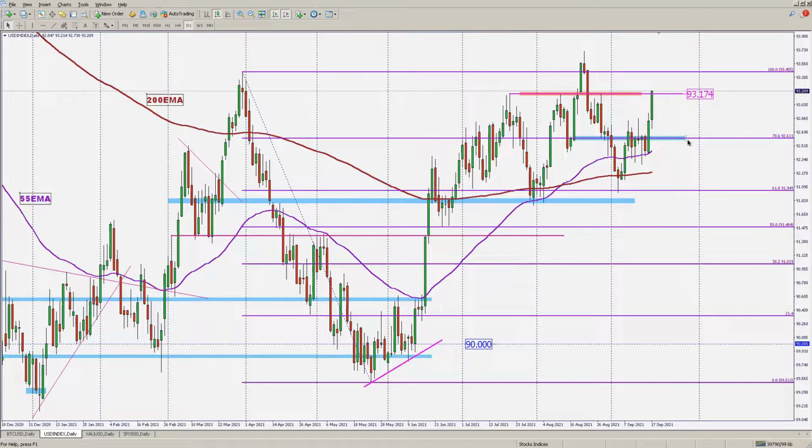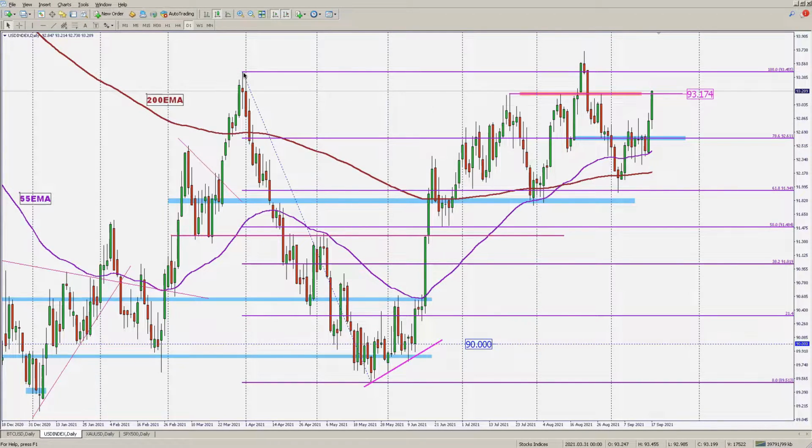You can see that it was the Thursday that it broke out higher and followed through on the Friday, back through this swing high level previously at the 9317. So that's a critical break as well.